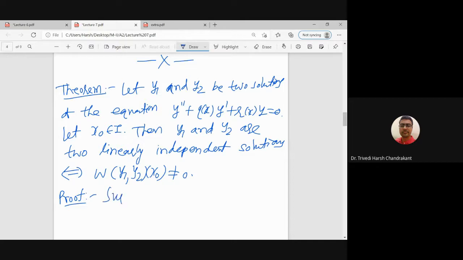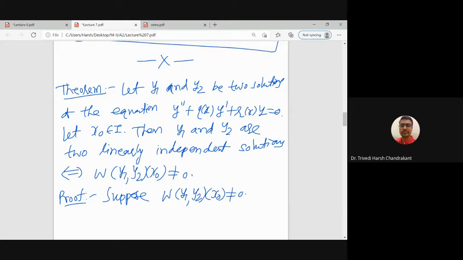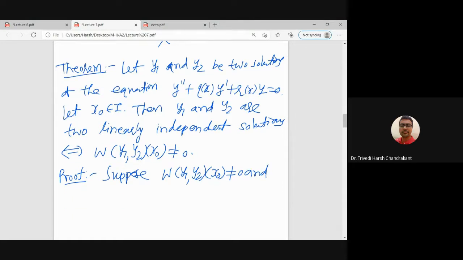So suppose the Wronskian is non-zero at a particular point, right? And consider two linear equations.